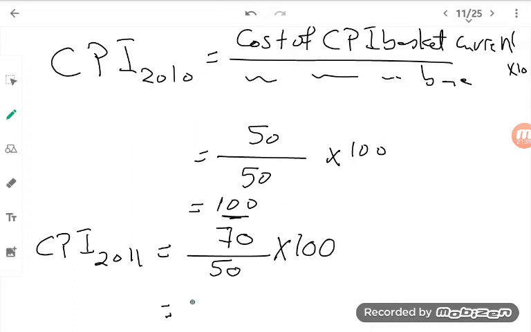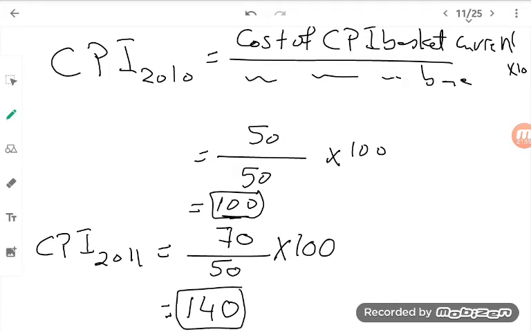It's 140. Okay. So for the base year, CPI 100, and for the current year, CPI 140.